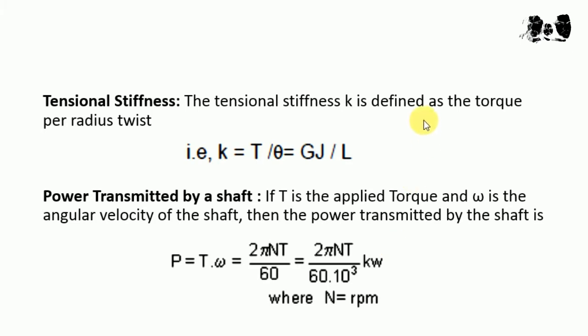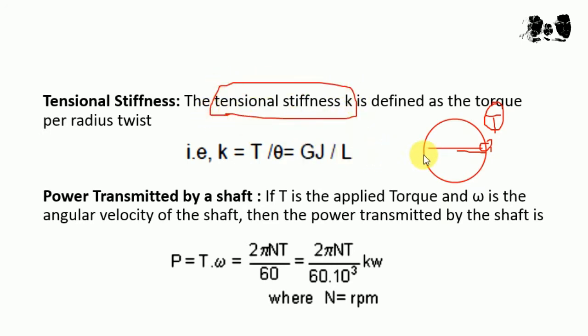If we have a cross section with a diameter, and due to torque a point here displaces, and we assume a unit deflection, or unit twist, of the radius, then how much torque is used is known as torsional stiffness.